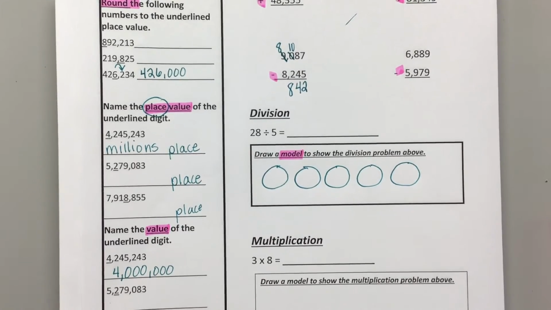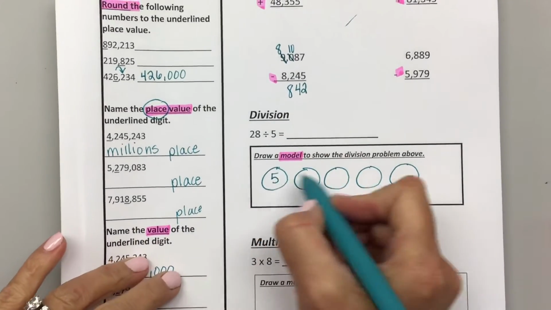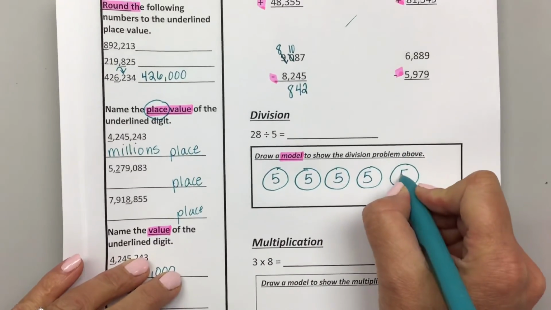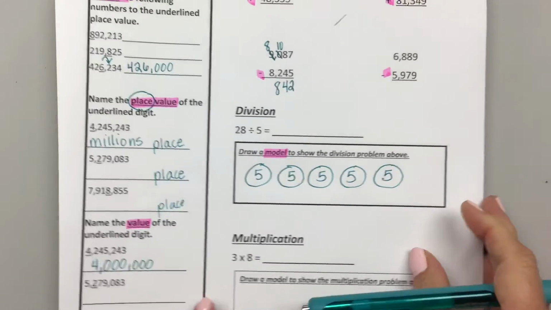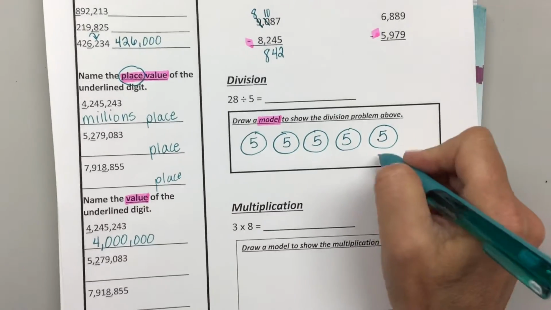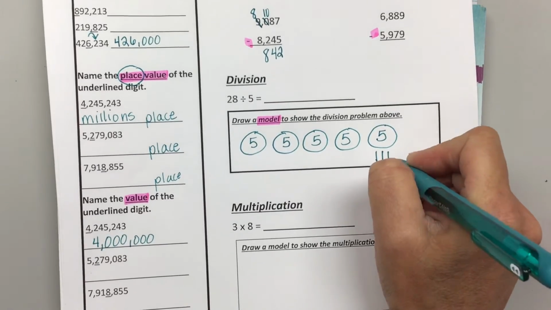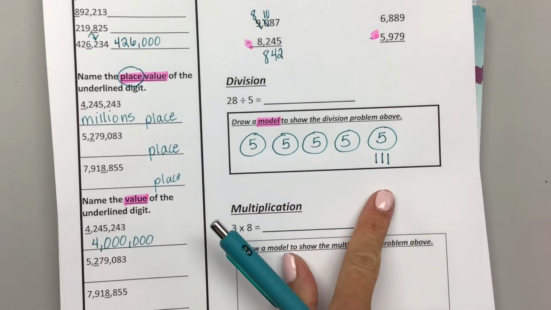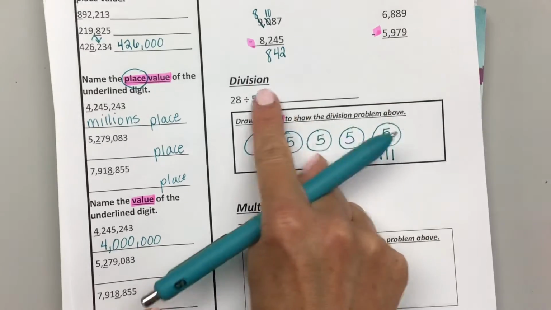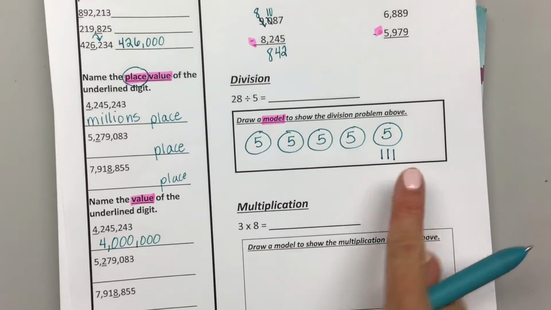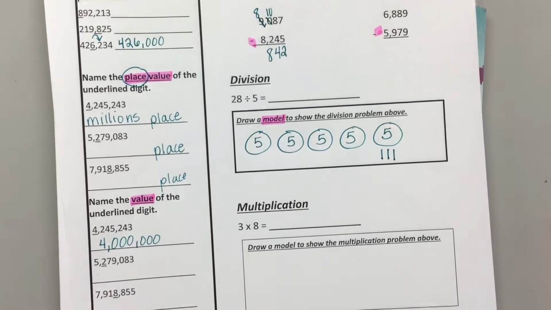Ryan? 5. So 5, 10, 15, 20, 25. How many do I have left over? Count them with me. 26, 27, 28. So this is your model. You still need to put an answer in this blank, but this is how we model when we have a remainder, okay?